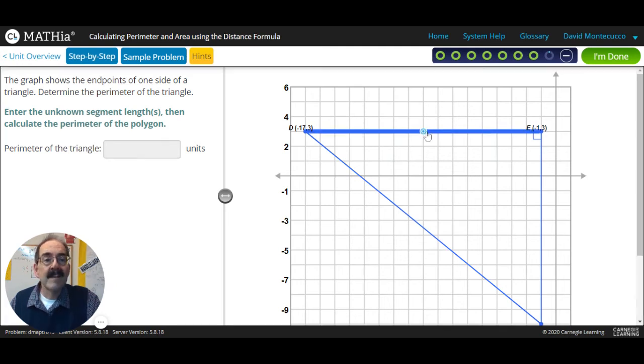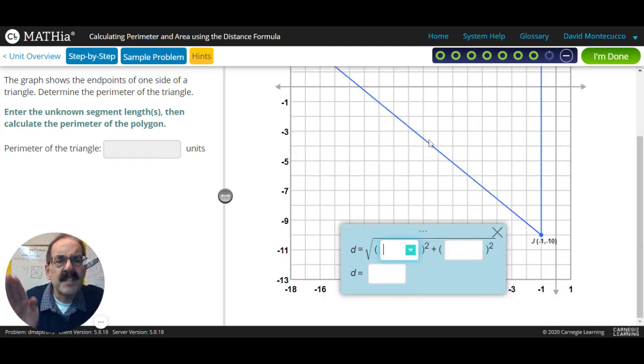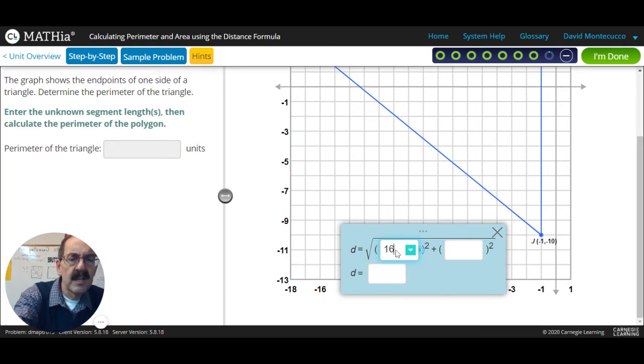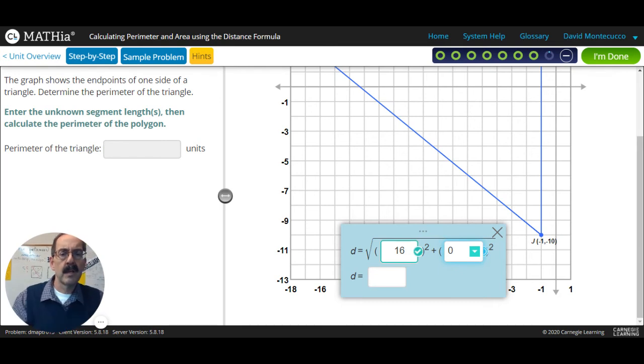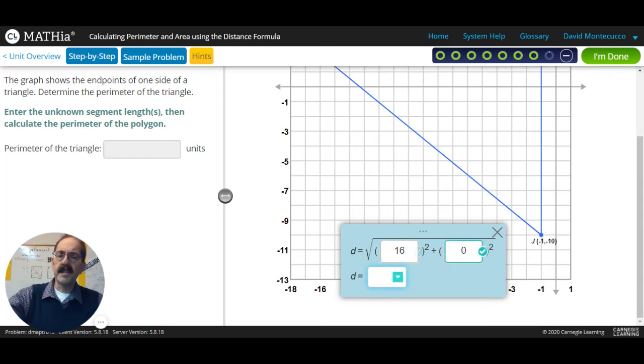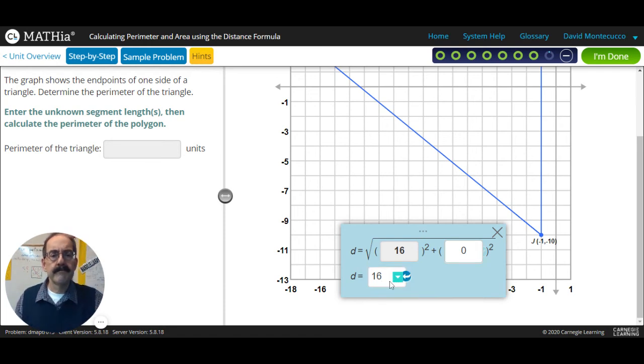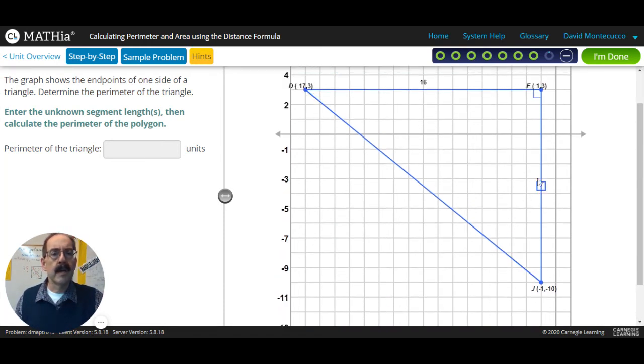Okay. So this is going to be 16 units and 0 units. And 16 squared, take the square root, get 16. All right.